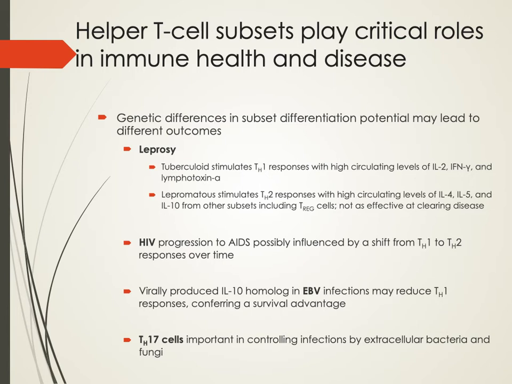Probably the one most people know most about is HIV. With HIV progression into AIDS, our CD4 T cells are targeted by the virus and destroyed. What happens is there's actually a shift from the Th1 to a Th2 response over time, and this gives the virus an advantage.